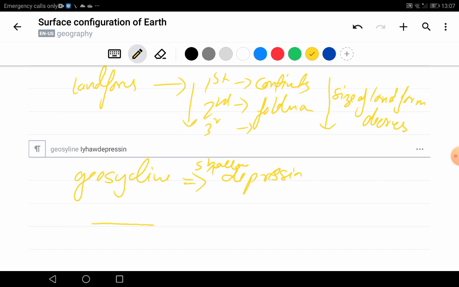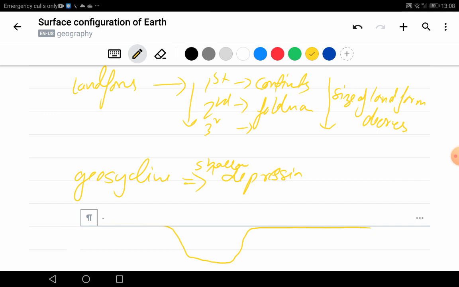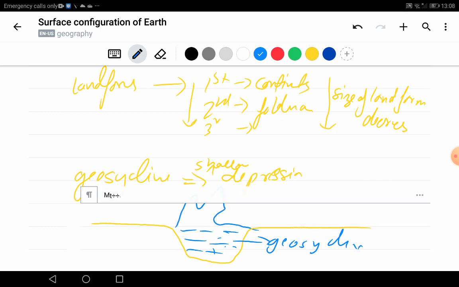There are landforms and a huge depression in between, where there is a sea. This depression is known as a geosyncline. The geosyncline theory explained how this is converted into fold mountains. In the future this depression will get converted into a fold mountain.